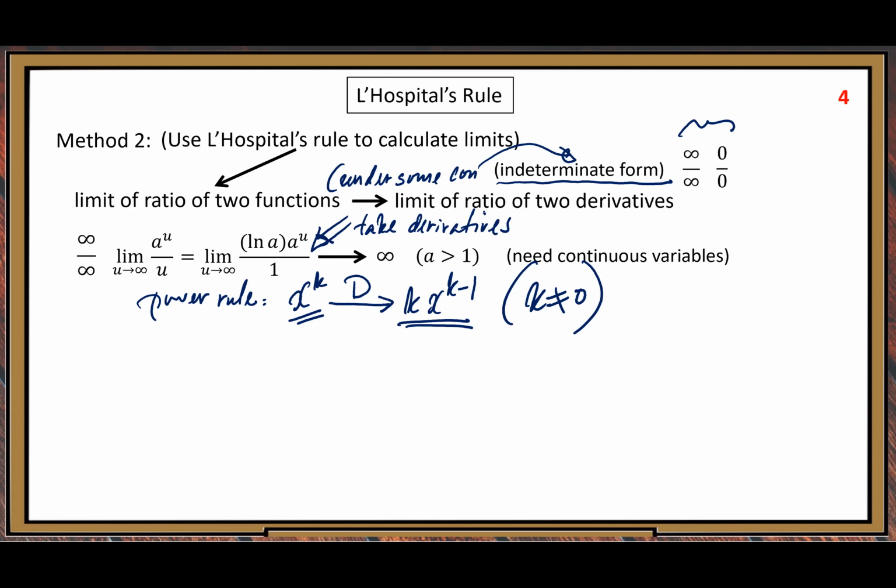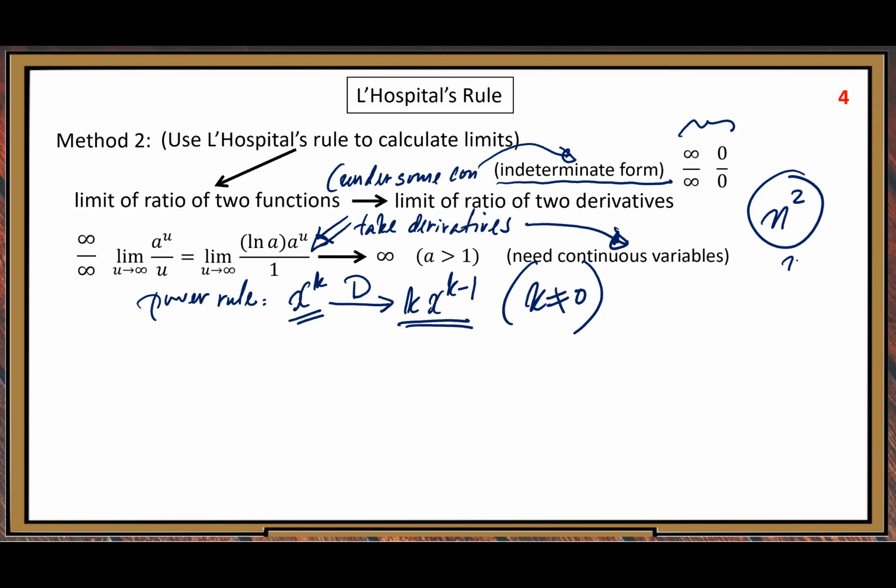When you take derivatives, how can you take the derivative of a function? That function must use a continuous variable. If you use a discrete variable, for example n squared, can you take a derivative of n squared?